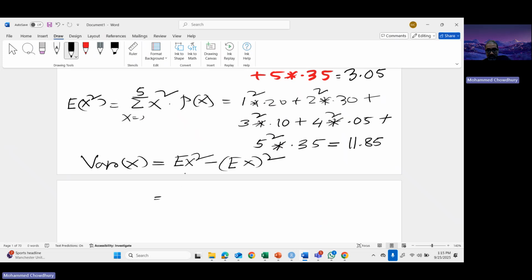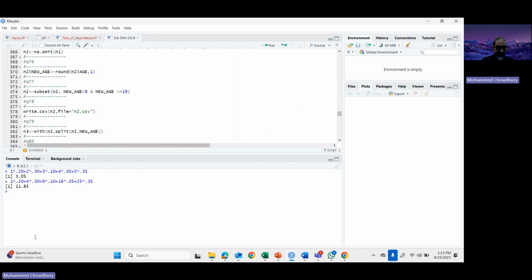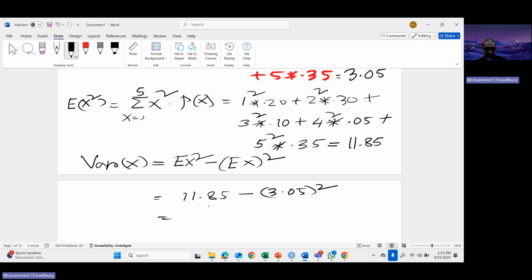The expected value of x square is 11.85, and this is 3.05 squared. Then I have 11.85 minus 3.05 square, which gives 2.54. This is the variance.